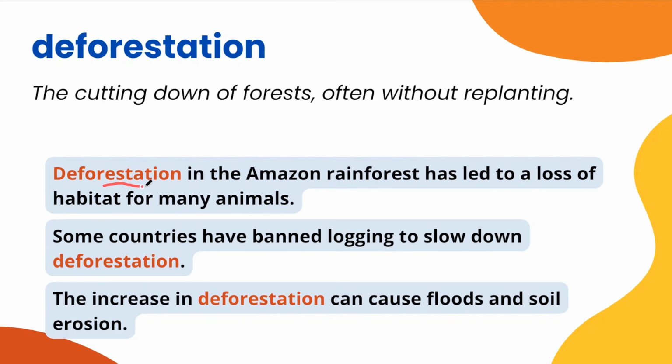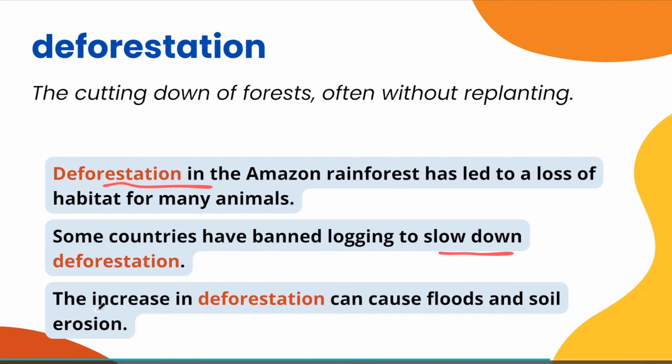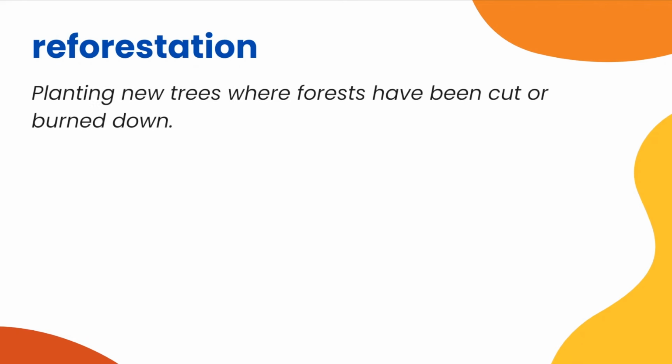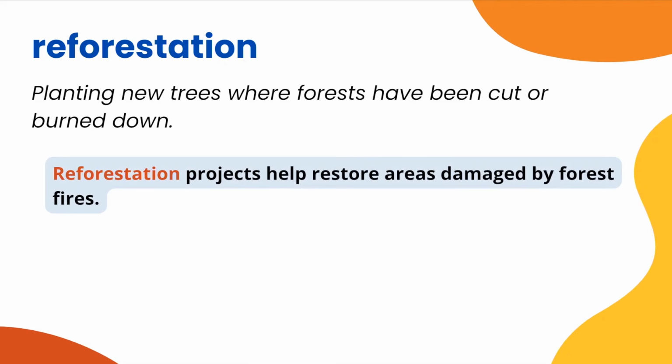We often talk about deforestation in a place, but you can slow down deforestation, and the reverse of that is to have an increase in deforestation. Fortunately, you can change the effect of deforestation with reforestation. Reforestation, which is planting new trees where forests have been cut or burned down.